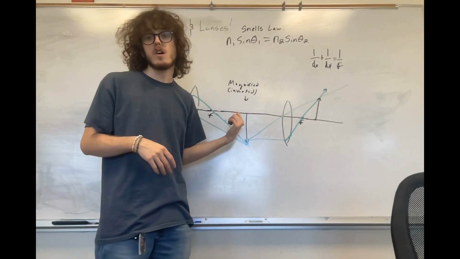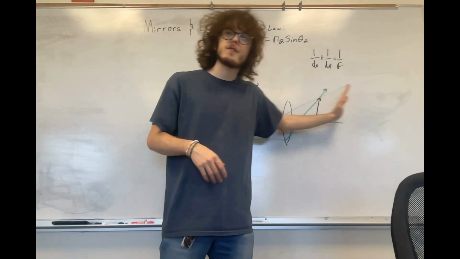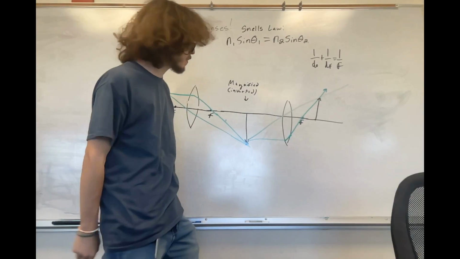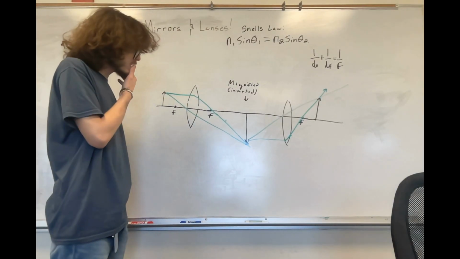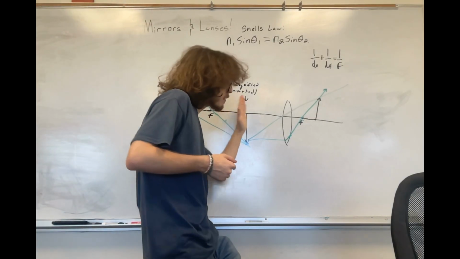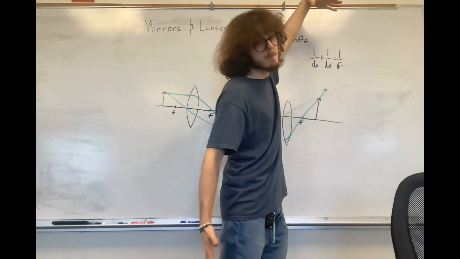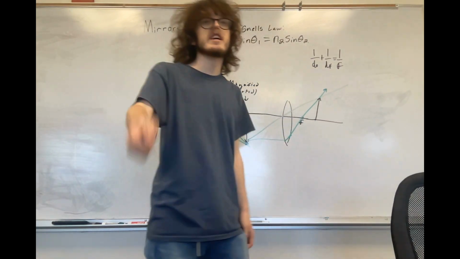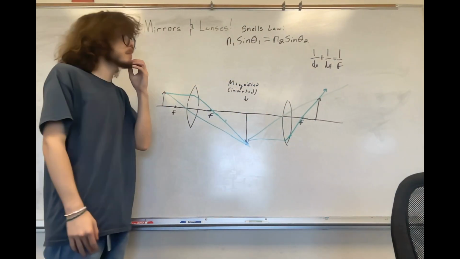I just suck at drawing. But you would want your focal distance a little bit further out to really scale the image up. But basically what happens is we get inverted, we get magnified, and then we get inverted again and magnified even more. And that's the idea of lenses in succession, and you can get all sorts of weird phenomena out of this.